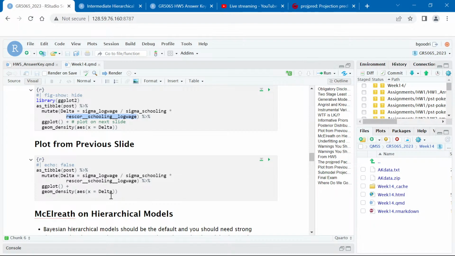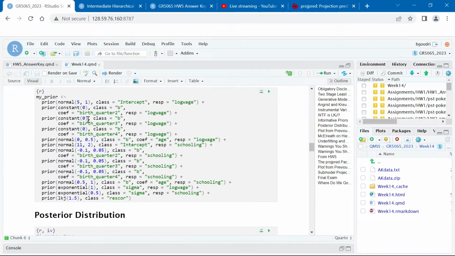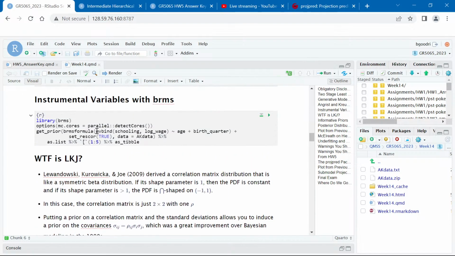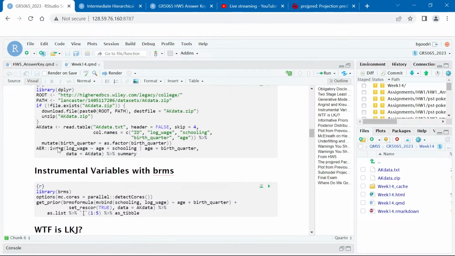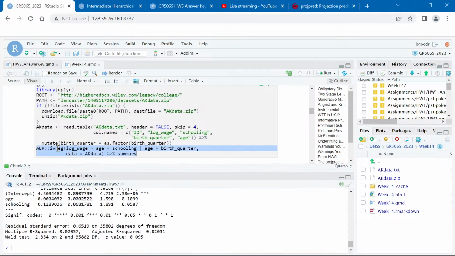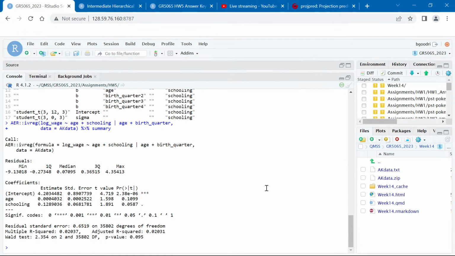Now the reason why this didn't come out great, like I said, it came out great with BRMS. The reason why it didn't come out great when I used two-stage least squares to do this frequentist stuff is because the quarter in which you're born is not that strongly related to how much schooling you ultimately take.